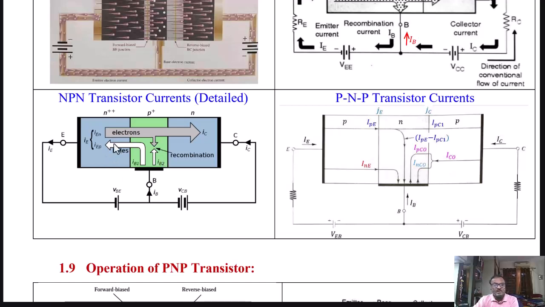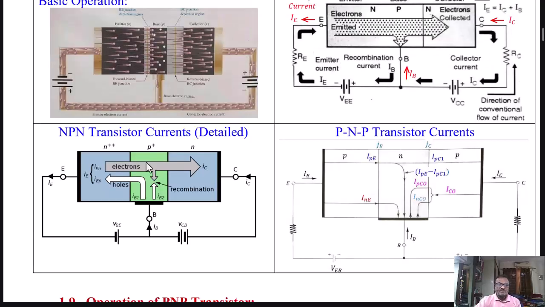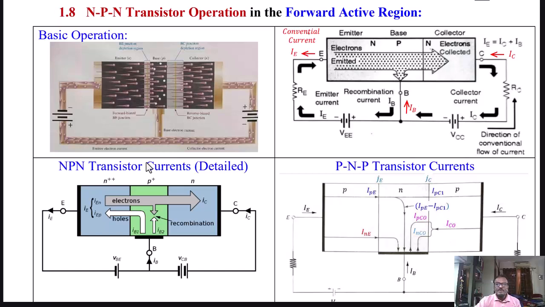Whereas, due to minority charge carriers, there is a flow of current across the base to emitter junction, denoted as IEP, and around the collector junction there is a minority charge current flowing, denoted as ICO. Since the minority charge particles are very few compared to the majority ones, we can conclude that under normal operating conditions, the current in an NPN BJT is mainly constituted by electrons in the emitter region and collector region.